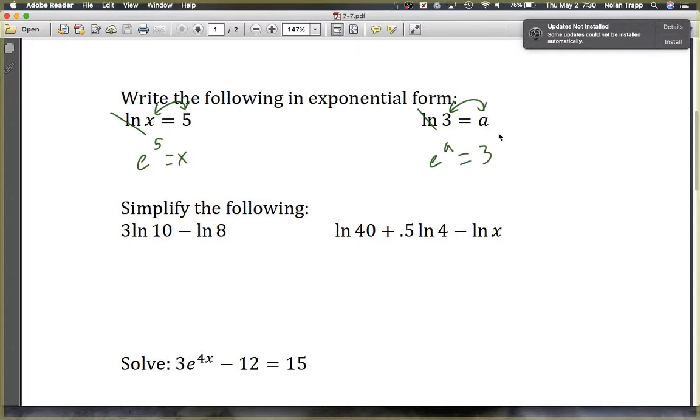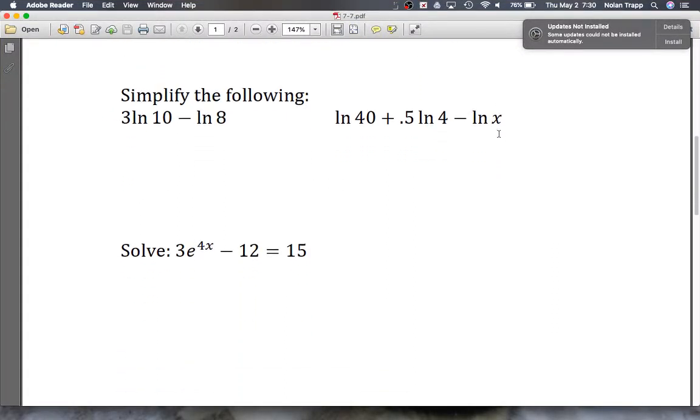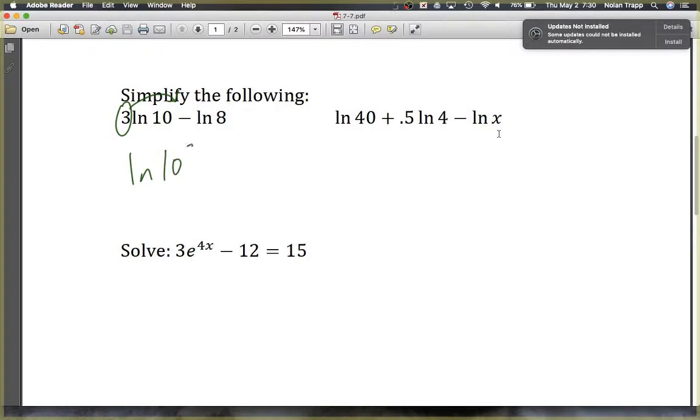Okay. So, then to simplify, those same properties we just used are still applicable, meaning numbers in front can go to powers. Which ends up as, since they're numbers, I can write that, correct? Then subtraction ends up as division.